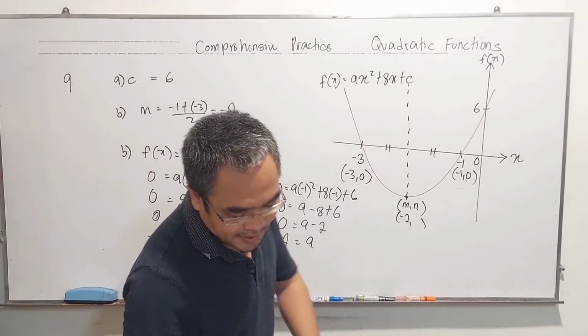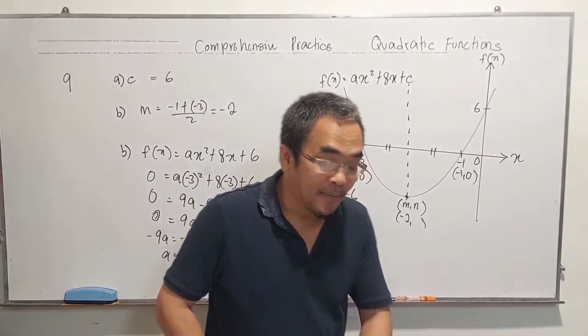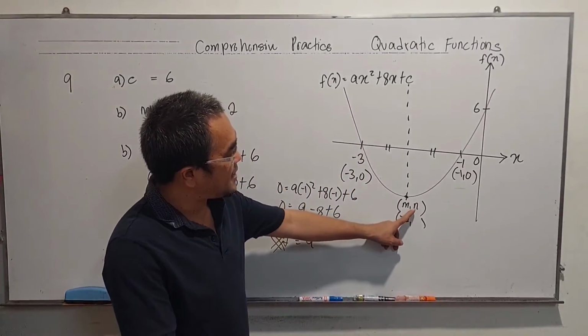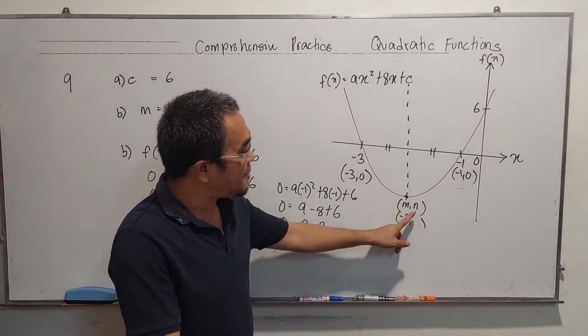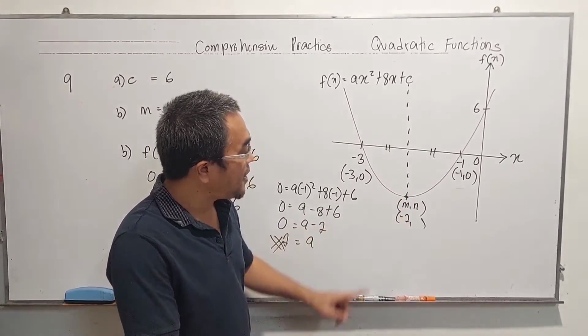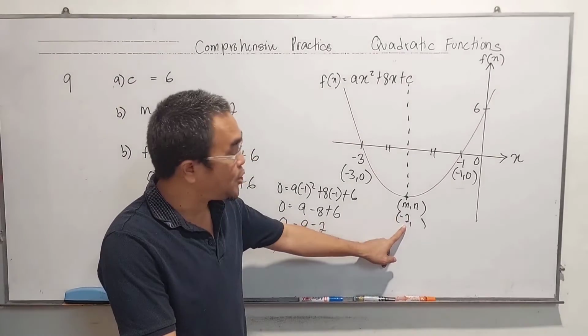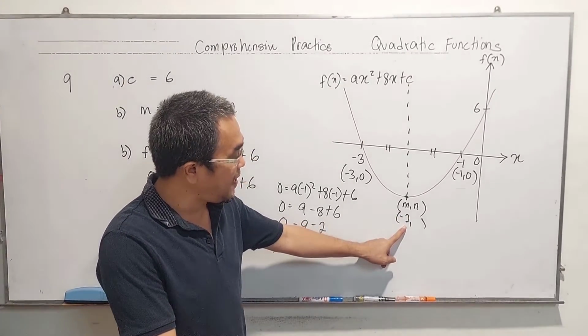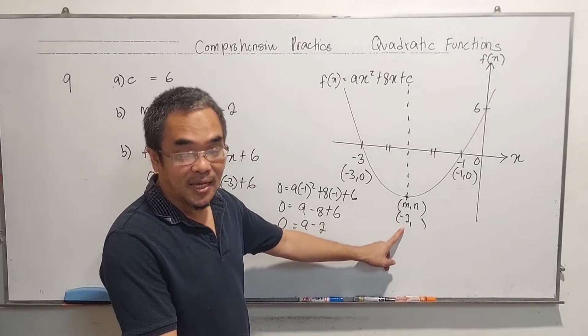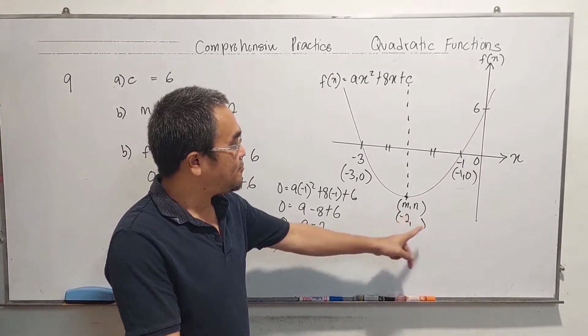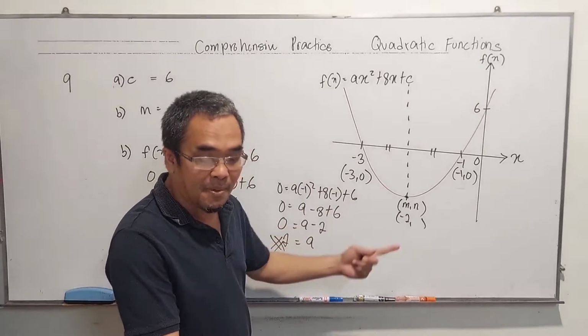And 9d, what is the value of n? N is the value of the minimum point. So to find the value of the minimum point, you just replace x, which we have found already. In case you have not found it yet, find it. Sometimes they just ask you to find the minimum point.